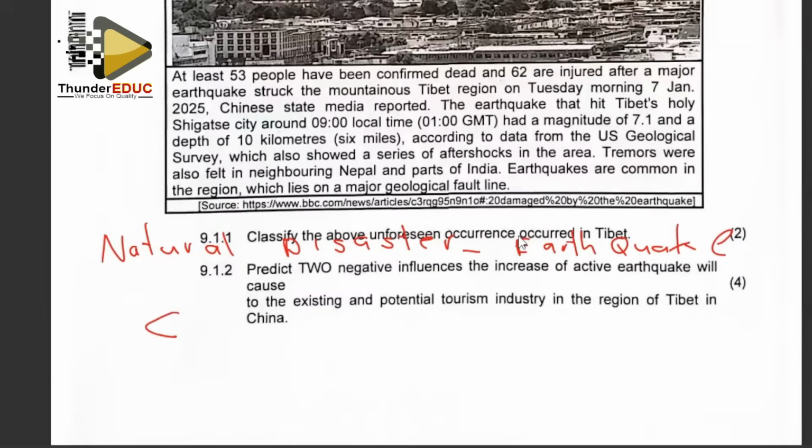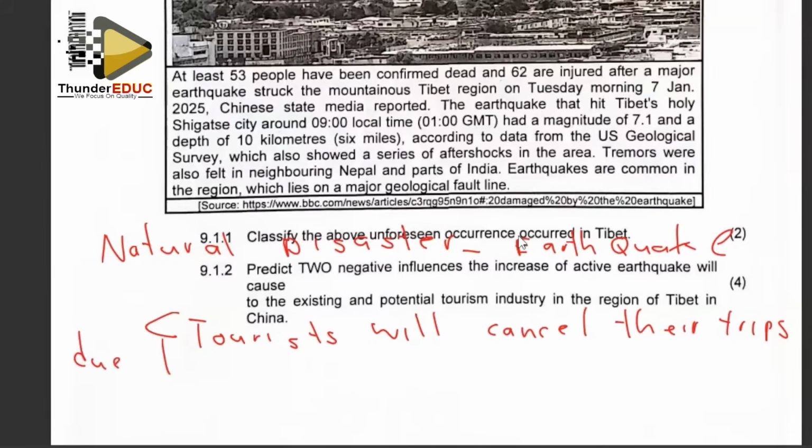The first thing is that tourists will cancel their trips due to safety concerns.